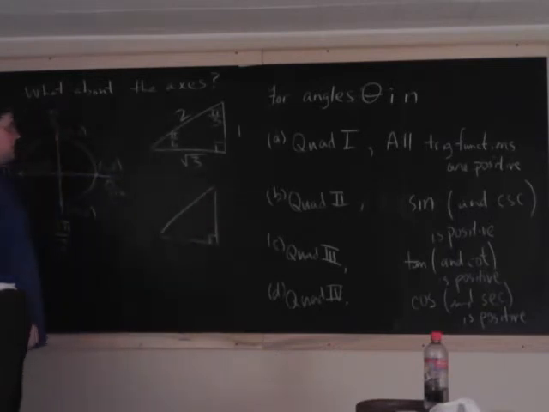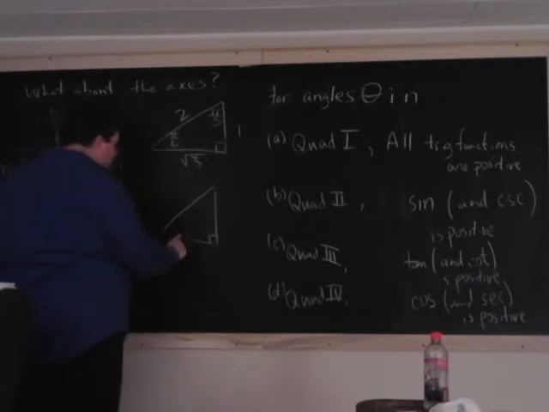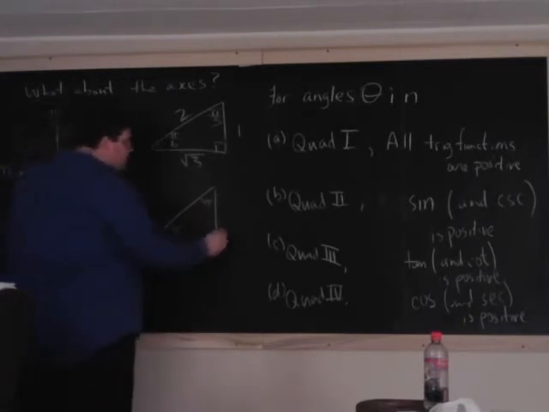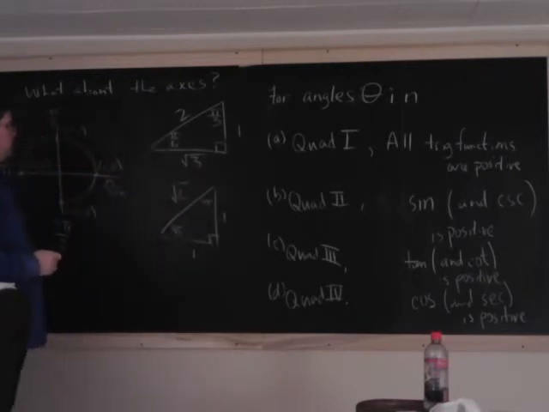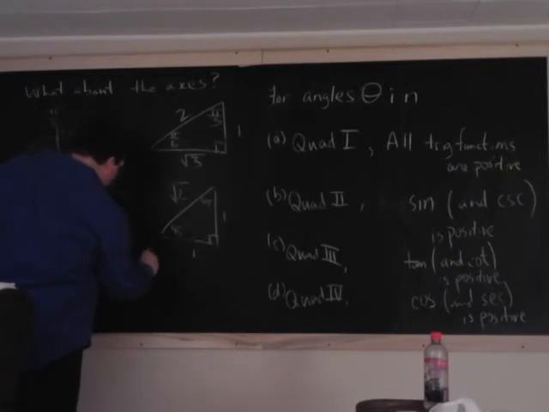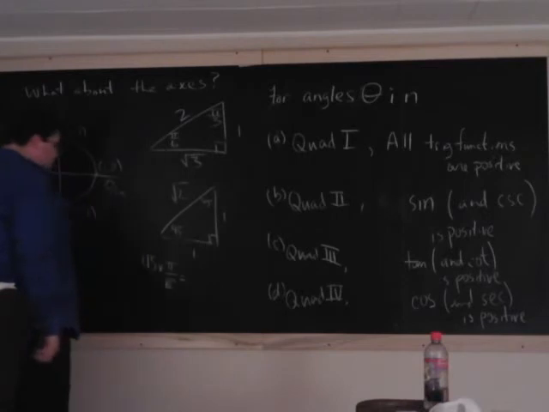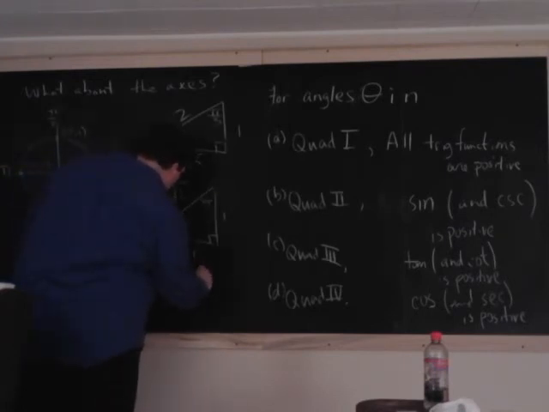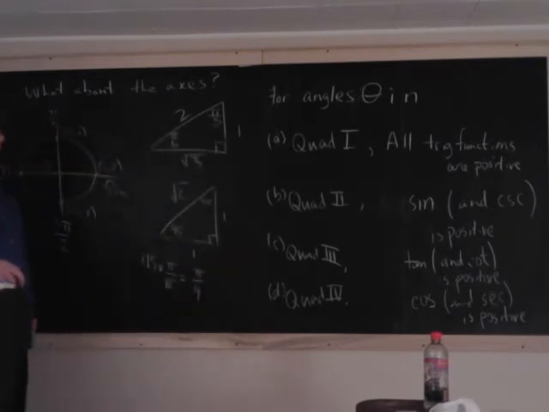The other triangle that's useful is the 45, 45, 90. And you'll remember from a geometry class, the 45, 45, 90 triangle has sides in ratio 1 to 1 to root 2. Now 45 in radians is what? 45 times pi over 180. 45 into 180 does work nicely because 90 times 2 is 180. So 45 into 180 is 1 into 4.